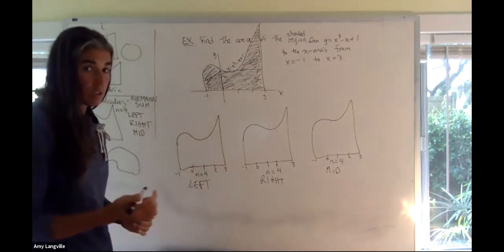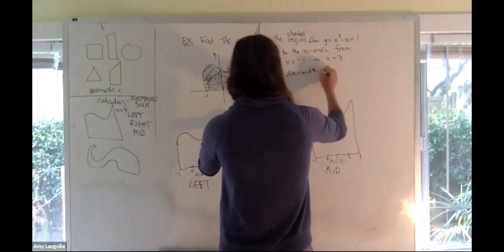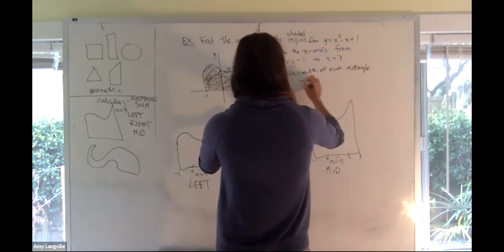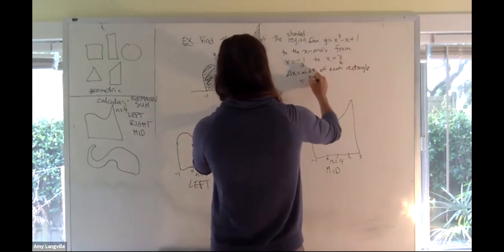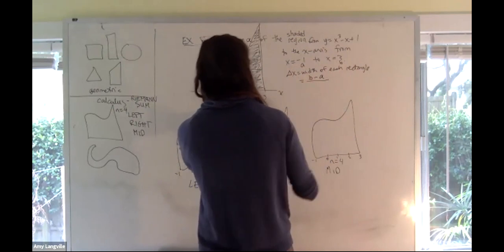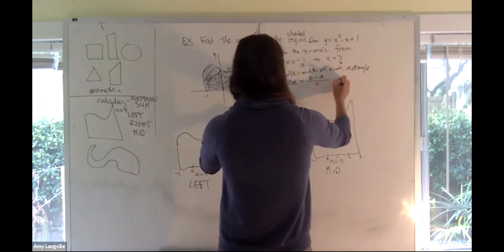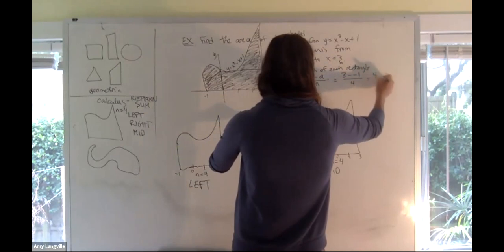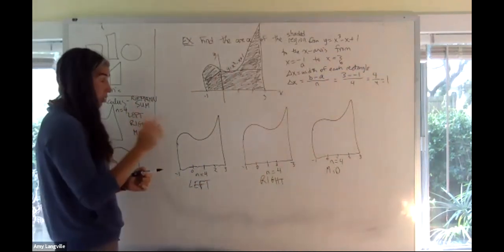Some notation you'll see later: delta x is the width of each rectangle. That's always given by taking your right endpoint, which we usually call b in general terms, minus your left endpoint, a, over the number of rectangles. So for our example, 3 minus -1 over 4 rectangles is 4 over 4 is 1. So the width of each rectangle is 1.